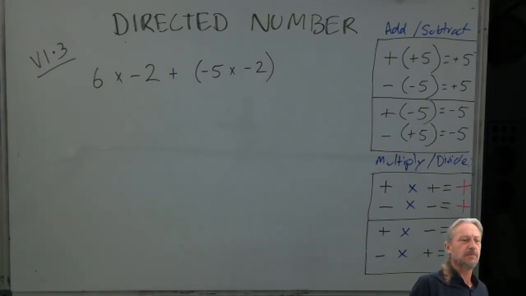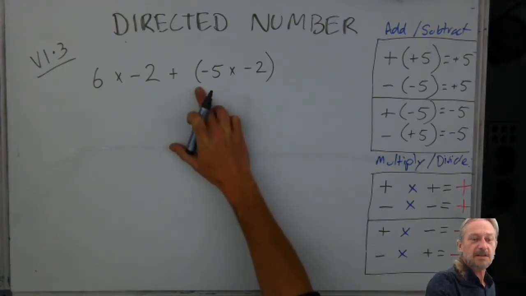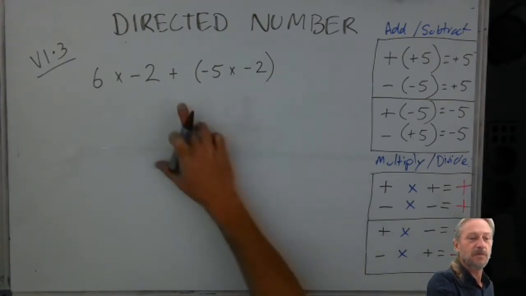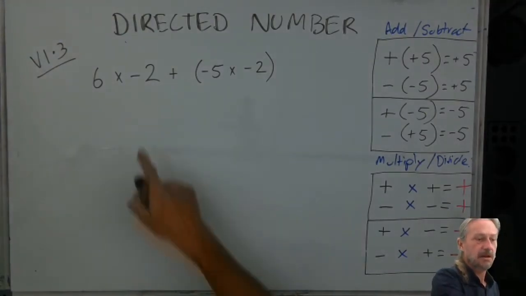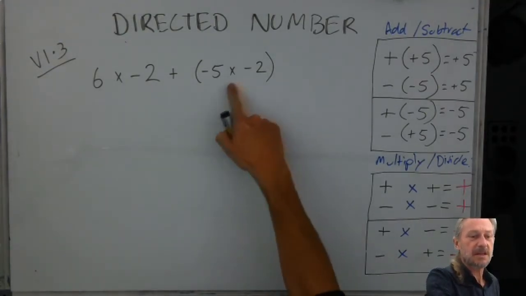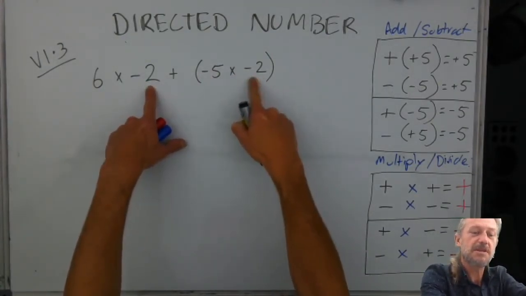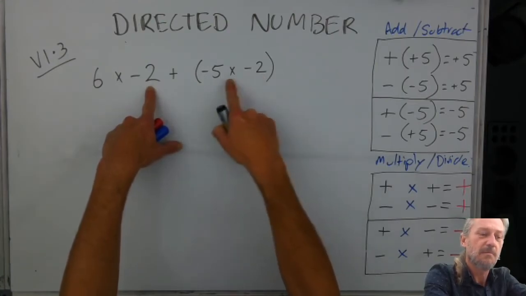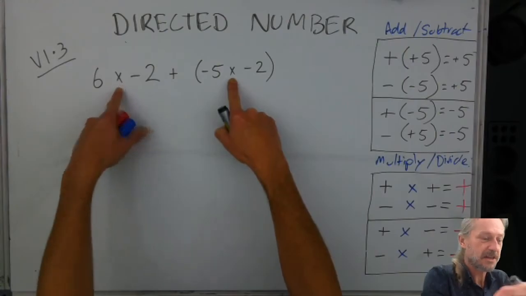Okay, so first of all, we've got some brackets. We've got a plus here. The negatives here are signs that are attaching to the numbers they're in front of, but we have to understand what the operations are.